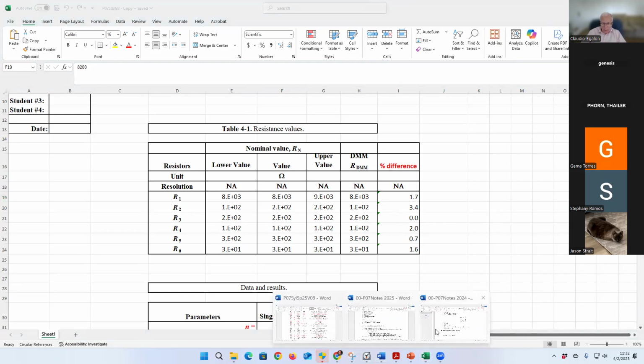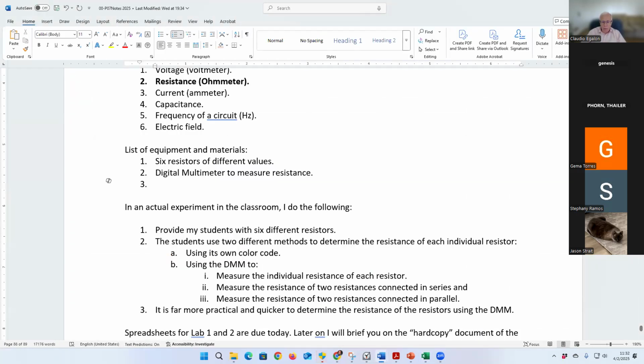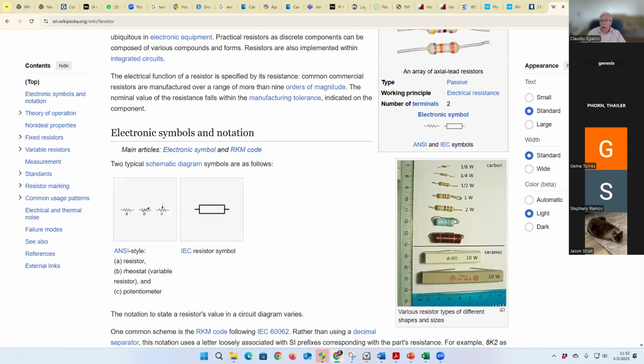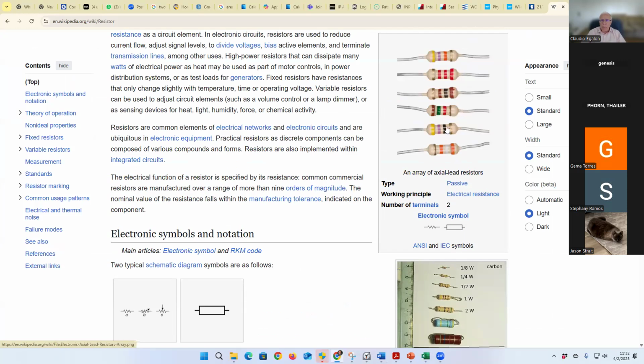Going back, I'm going to document all of that for you, and here you go. Right in here are the colors. You see we have 4 color bands here. The first color represents the first digit of the resistance, the second color, the second digit, and the third represents the multiplicative power of the resistor.